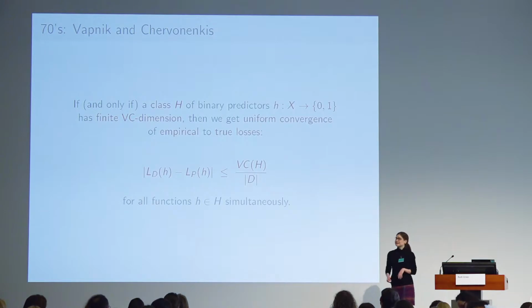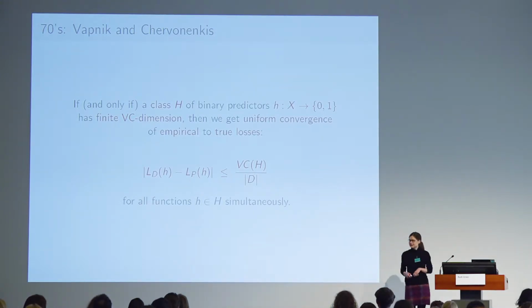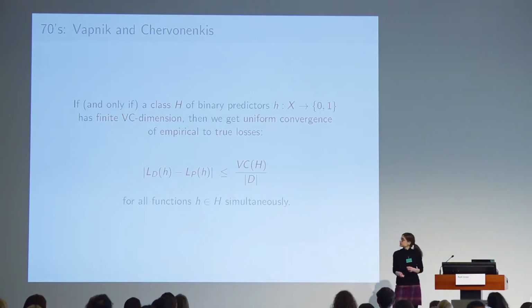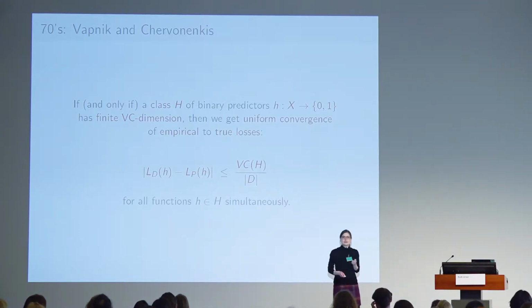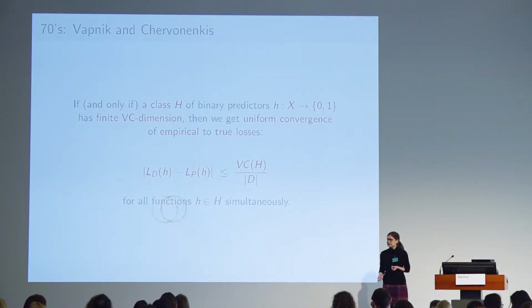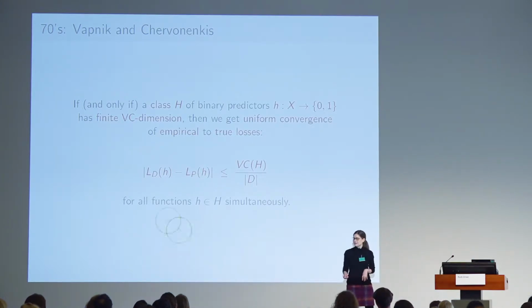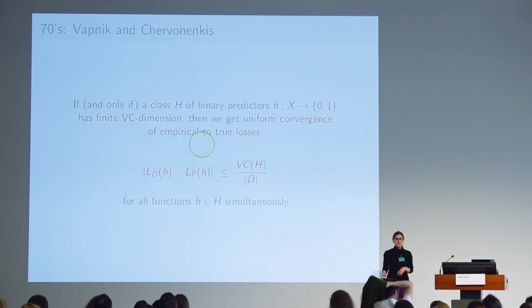In the 70s, there were 2 Russian mathematicians, statisticians actually, Vladimir Vapnik and Alexey Chervonenkis, and they came up with a characteristic of a class of predictors that will allow us to bound this quantity that we're interested in bounding. If you have heard anything about learning theory, then you may have heard about this quantity, which is the VC dimension of the class.